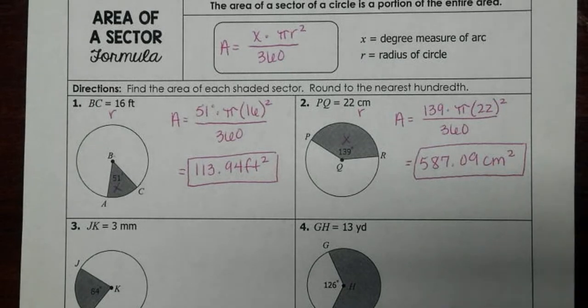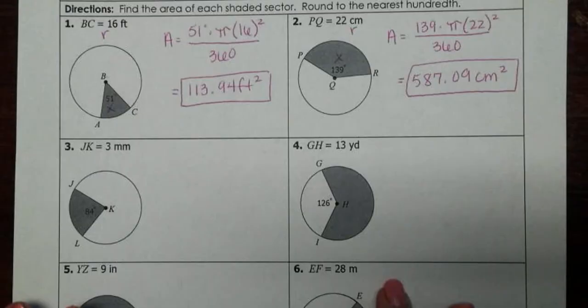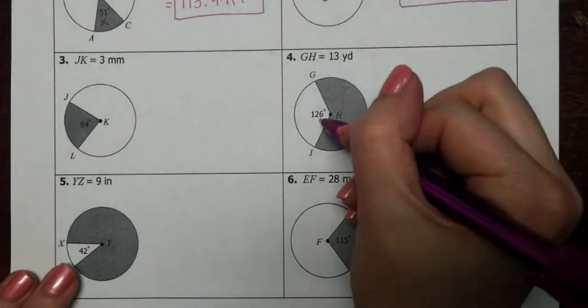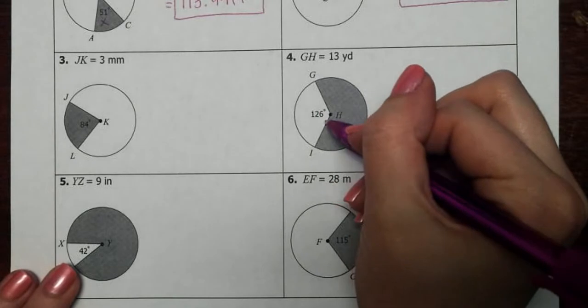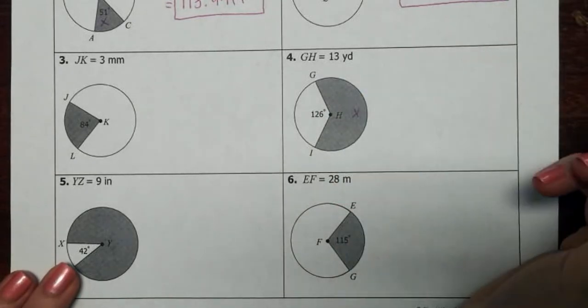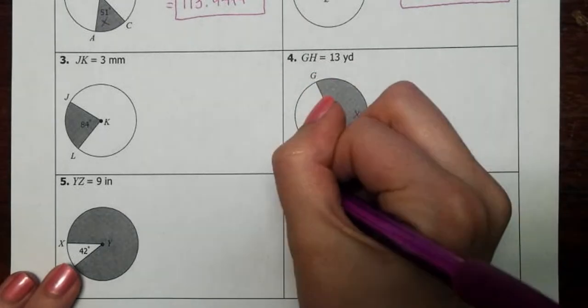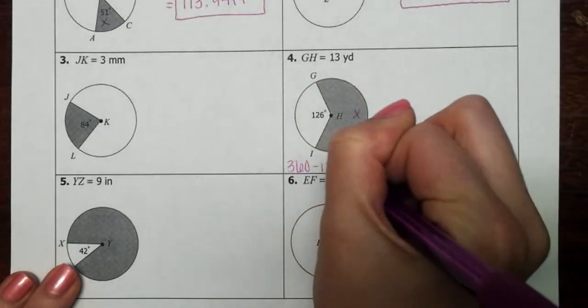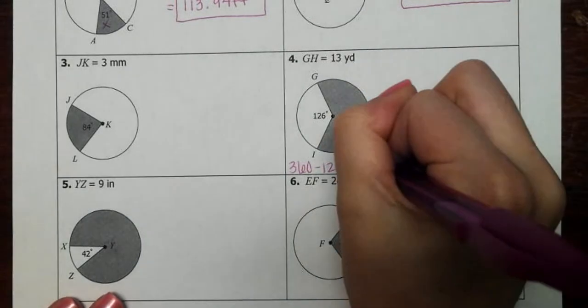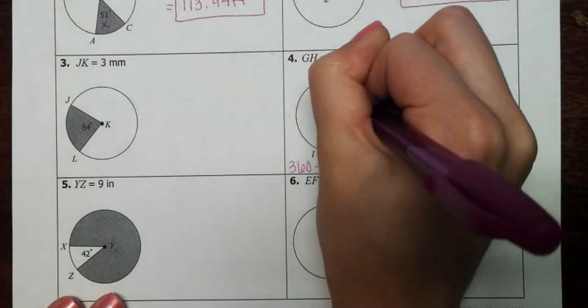So I'm going to skip number 3, I'm going to go into number 4. So this time, this 126, it isn't in my shaded area. So that's not my x. My x belongs in my shaded area. So I've got to take 360 and I've got to subtract that 126 to find the x that I need. And that's going to be 234. Okay?